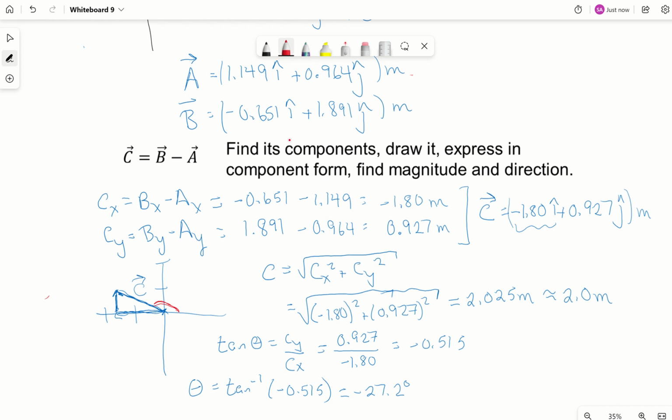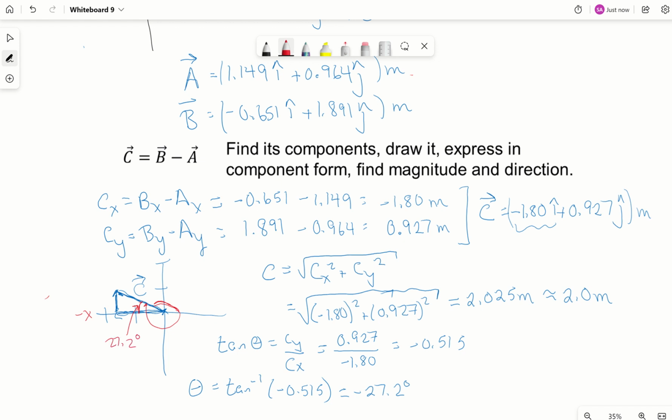That angle is way bigger than 90 degrees, and it's not that angle. That angle is bigger than 180 degrees. So where is an angle that looks like about 27 degrees? It's that angle in there between the minus x direction and vector C. Okay, so that angle is my 27.2 degrees.